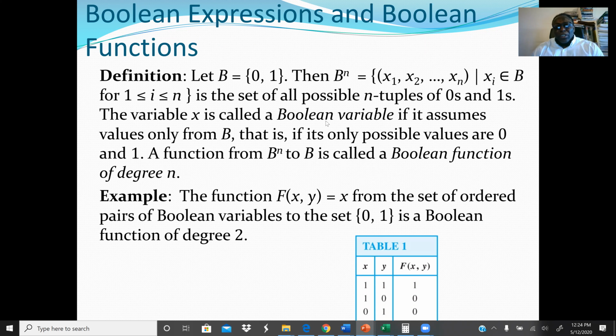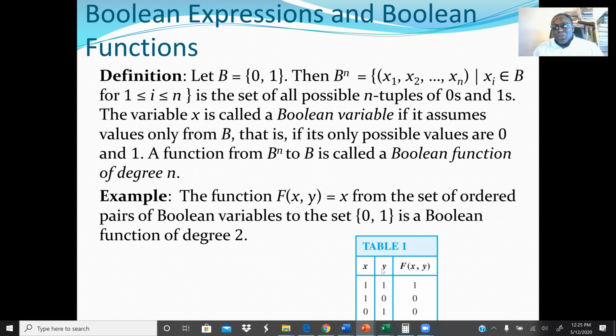For example, the function f(x, y) = xy, from the set of ordered pairs of Boolean variables to the set {0, 1}, is a Boolean function of degree 2. Why is the degree 2? Because we have x and y. These are the possible values we can have.